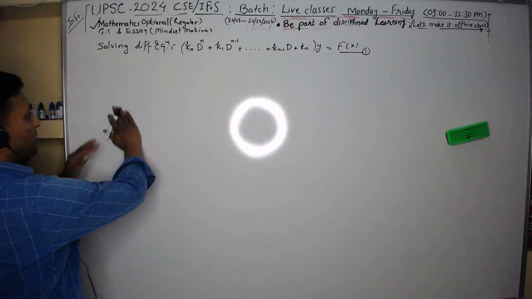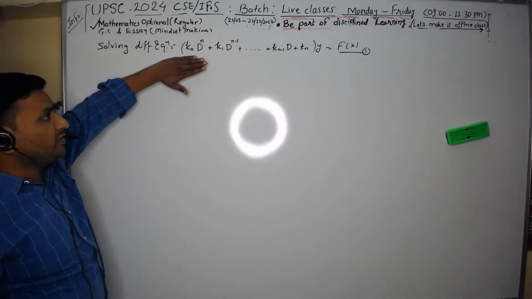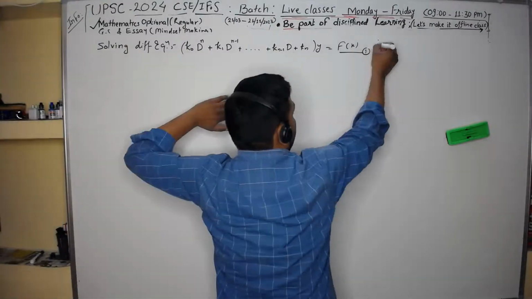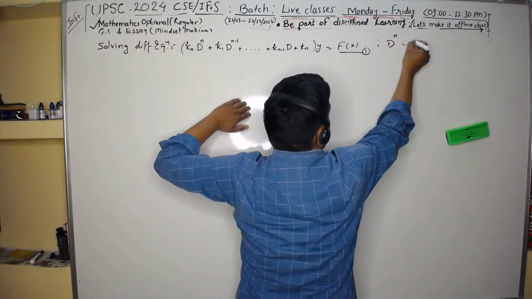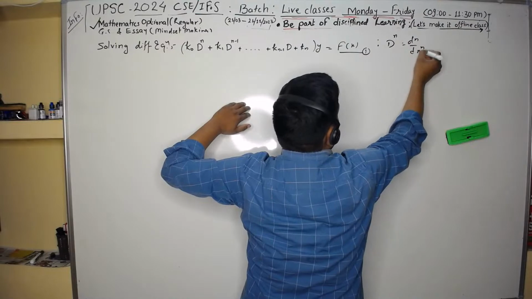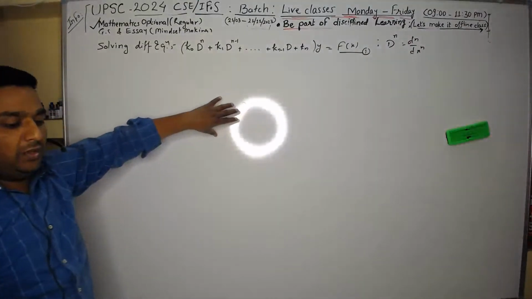Here D^n represents d^n over dx^n, right?